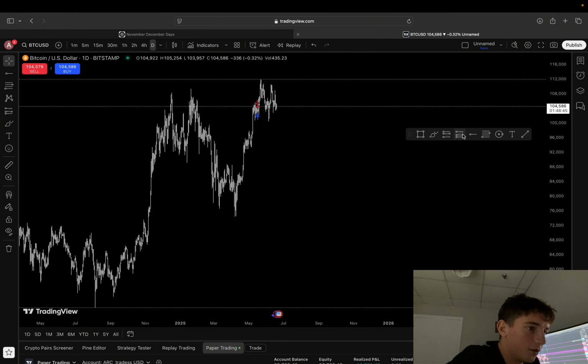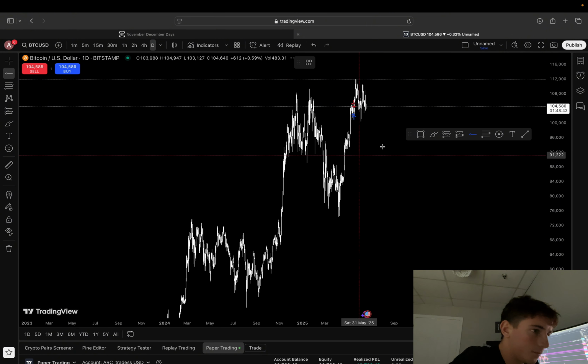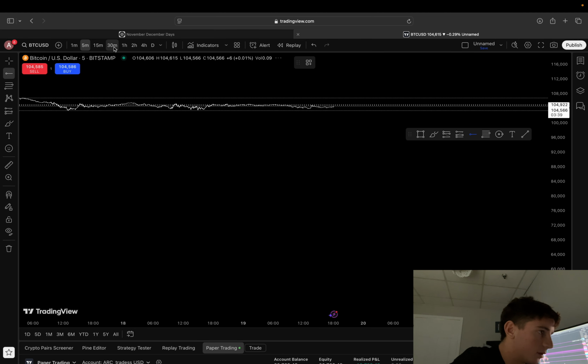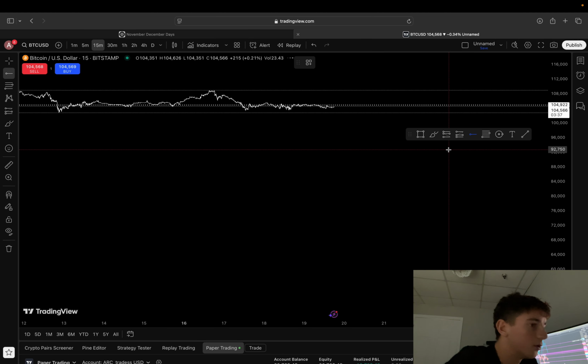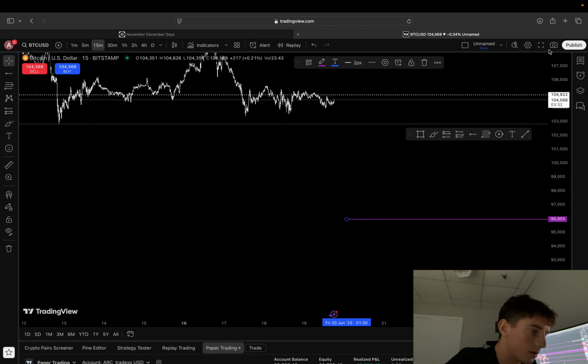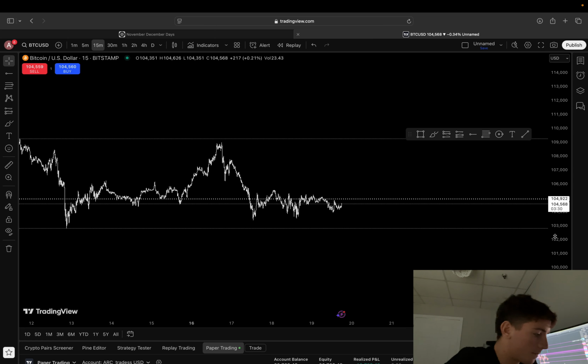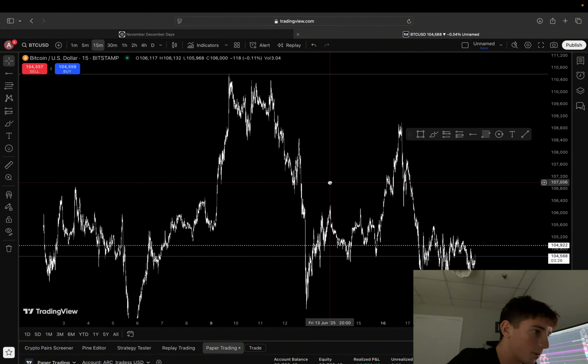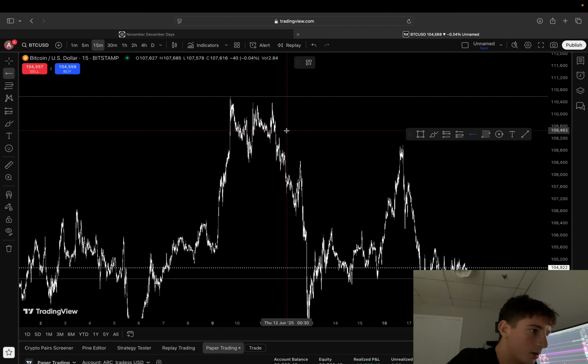Okay, this is a great example. So let's start with, this is the daily time frame. We trade the 15 minute the most, so I'm going to try to find one on the 15 minute. Boom. So an order block right here, perfect example.